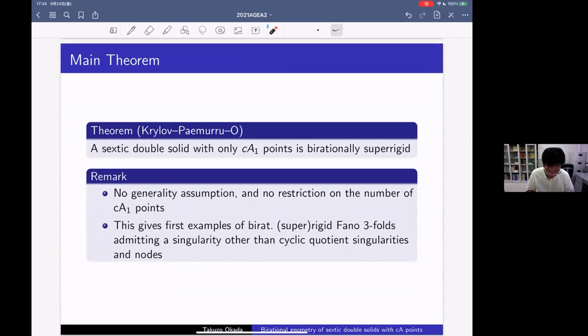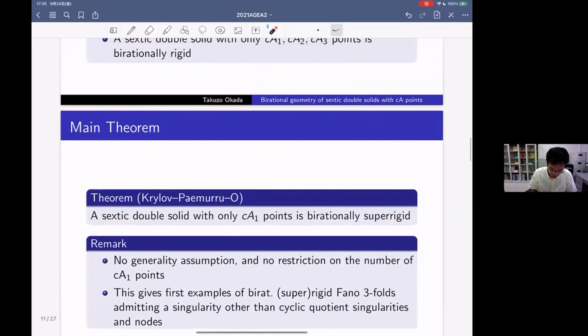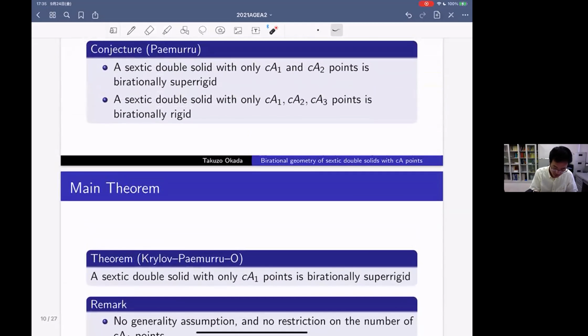And yes, here is the main theorem of this talk. So our theorem is that a sextic double solid with only CA1 points is birationally superrigid. And so, okay, this gives only a partial answer to this conjecture.